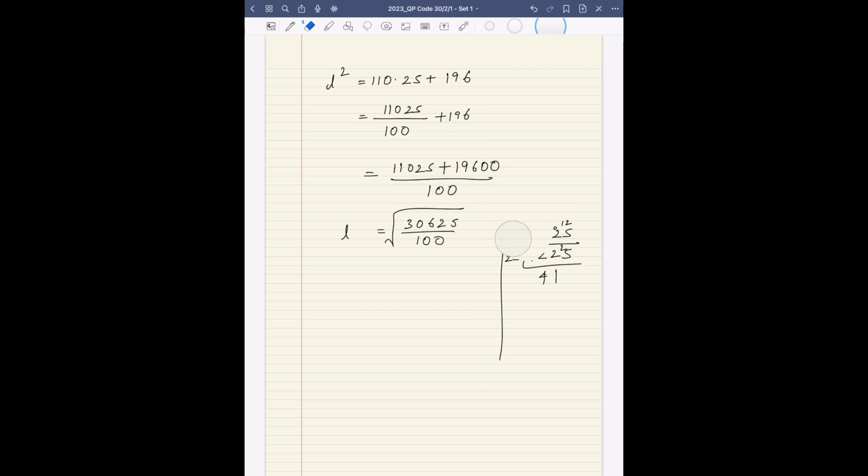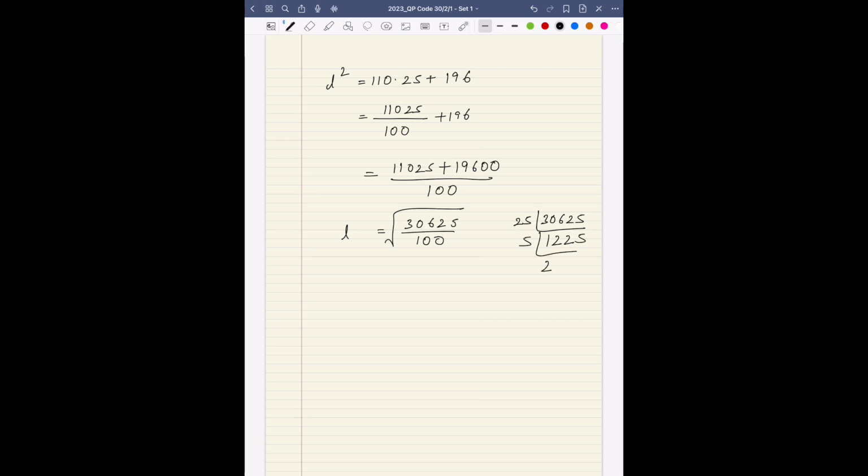Hold on. Let's not take 25. 30625. 175 into 175, correct? So 175 will give you, 41 should not come. So let's take 125. So 1, 5 carries over 2, 6 carries over 2, 125, which is 5. Now let's take 5.